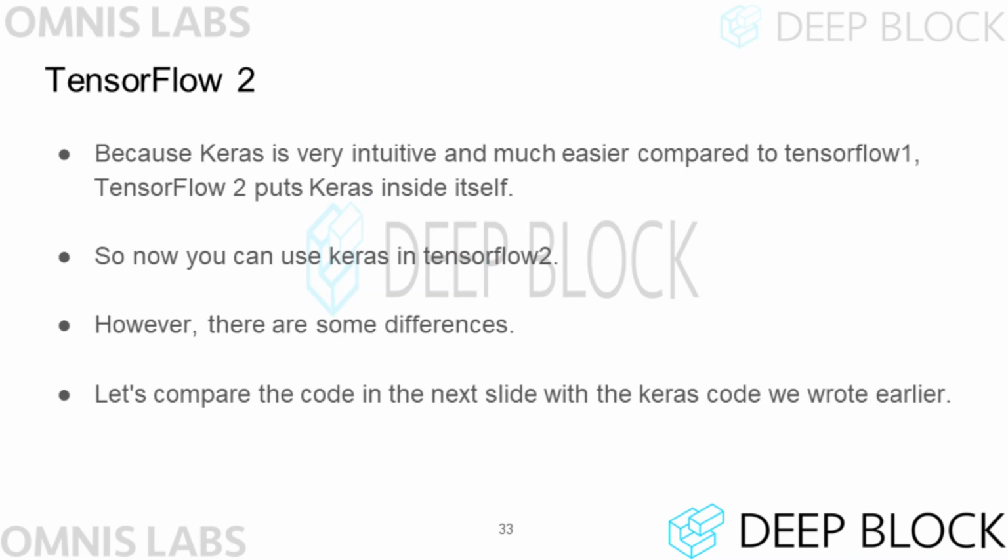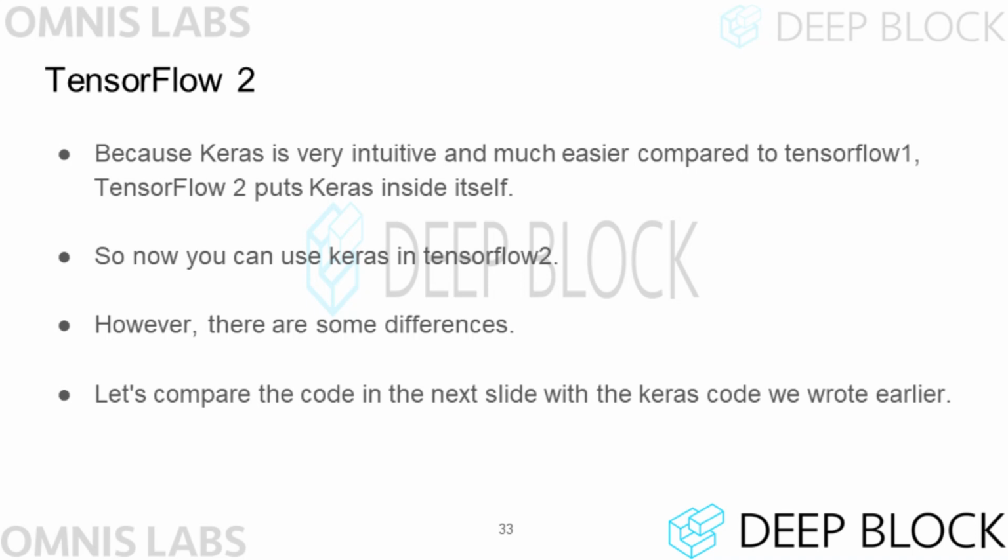Keras is very intuitive and easier than TensorFlow 1. Eventually, the TensorFlow community integrated Keras into TensorFlow 2 while creating TensorFlow 2. Now, let's see how the Keras code we wrote earlier is different in TensorFlow 2.